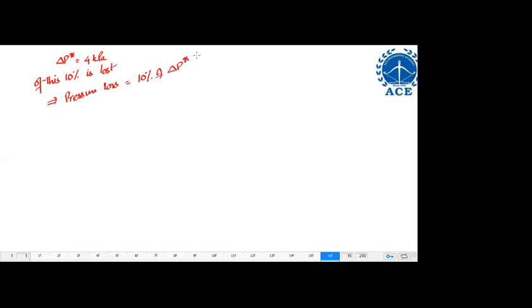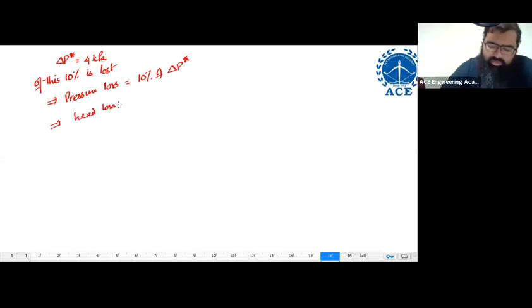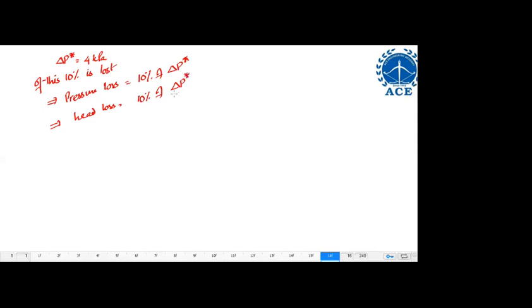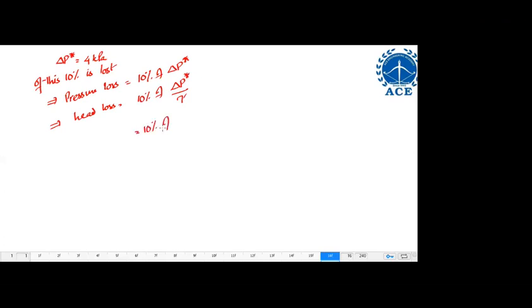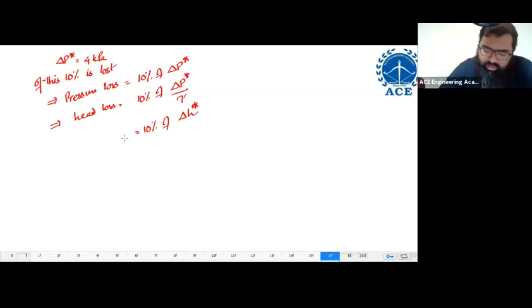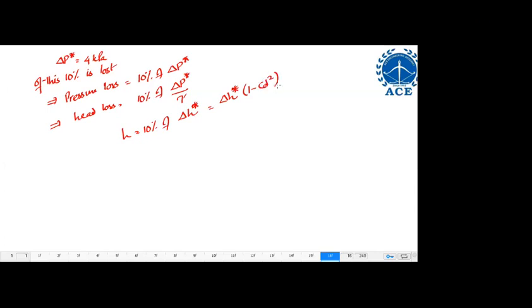So head loss is equal to 10% of delta P star divided by gamma, which is 10% of delta H star. And that head loss also has a formula: it is equal to delta H star multiplied by 1 minus CD square. From there you can get this.